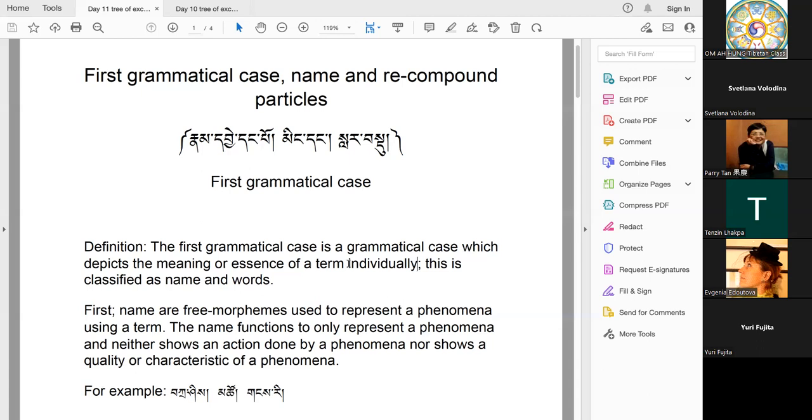But when we are saying the name, that is Mingzik, it only functions to tell the name of the phenomena, nothing else. So for example, if I say Tashi, which is the name of a person, my only intention is to represent Tashi as this name.